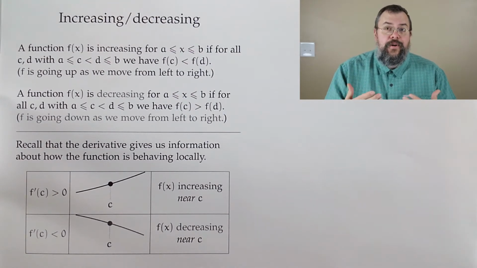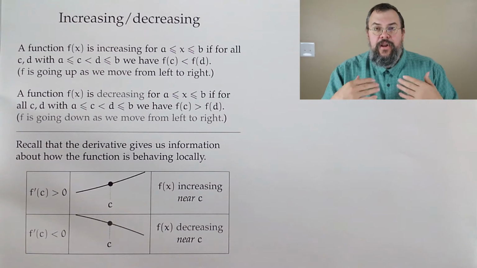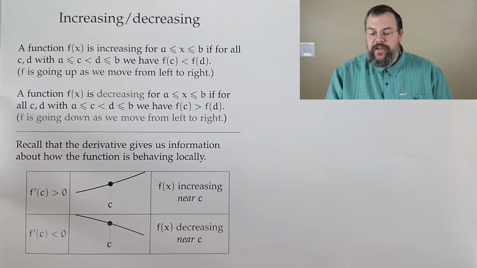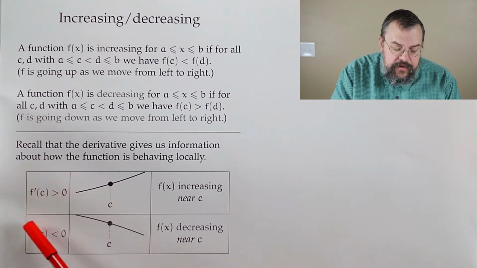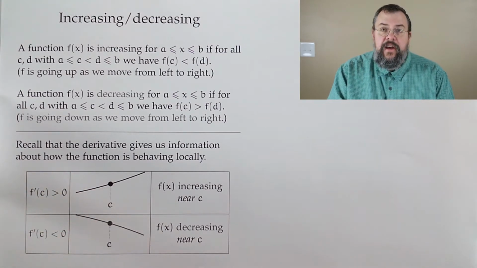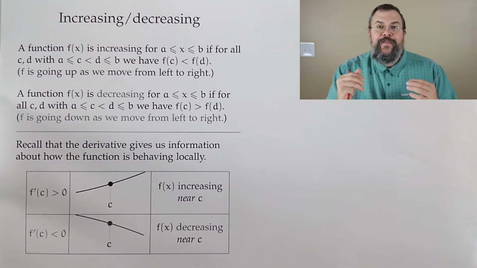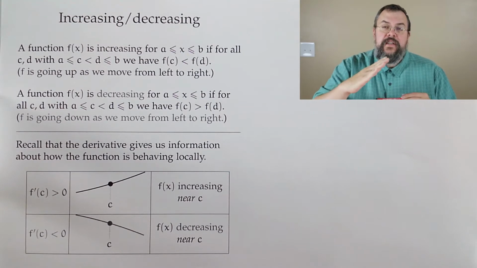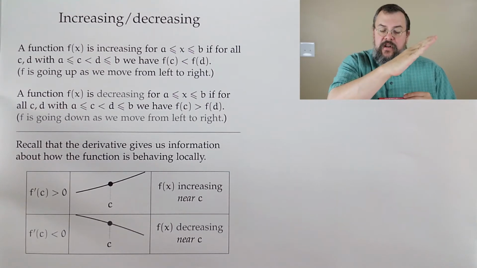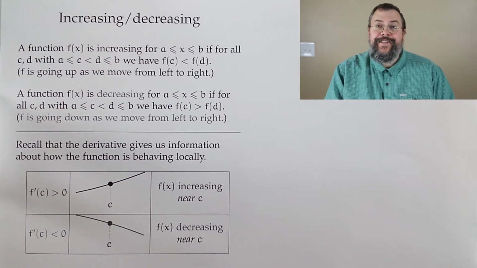We know that derivatives give us information locally about a function. For example, if our derivative is positive, it means that locally our function looks like a tangent line, which is positive, so it has a slightly upward slope. Aha! What does that tell us?